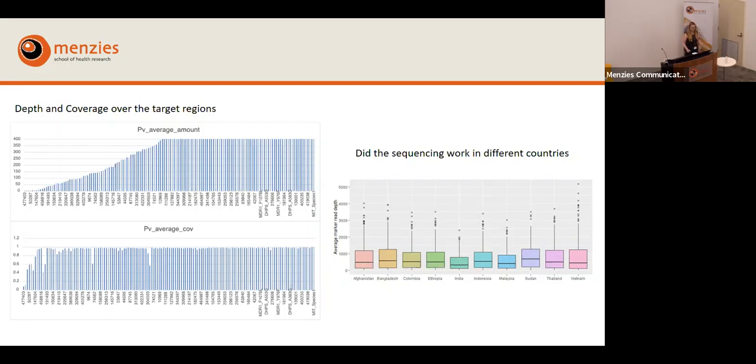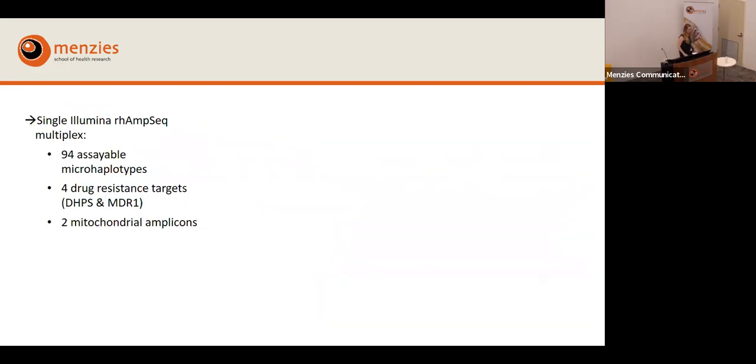So that's great. We then made a decision tree, basically looking at: do we have enough depth? Do we have enough coverage? Are we still evenly dispersed over our genome? From that decision tree, we ended up with a single Illumina RAMseq assay that had 94 assayable microhaplotypes, still the 4 drug-resistant markers, and 2 mitochondrial amplicons.